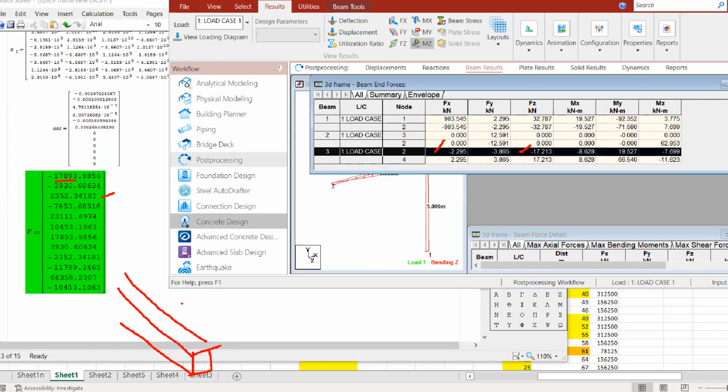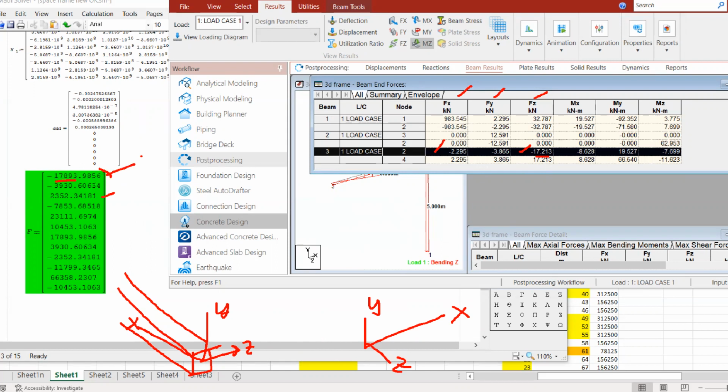Take note, these forces are in local axes. The local axis of member 3 is this one: this is Z, this is Y, and this is X. That's why 17.9 is 17.2 here, Fz, because globally that is parallel to X, right? So this is the global axis, XYZ. These forces are parallel to the global axis.